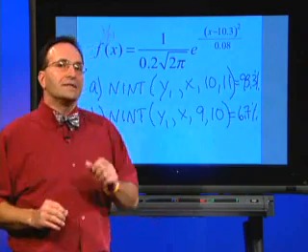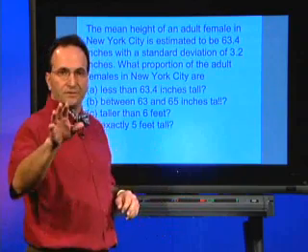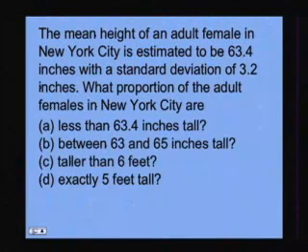So it's time for you to try a problem. The mean height of the adult female in New York City is estimated to be 63.4 inches with a standard deviation of 3.2 inches.